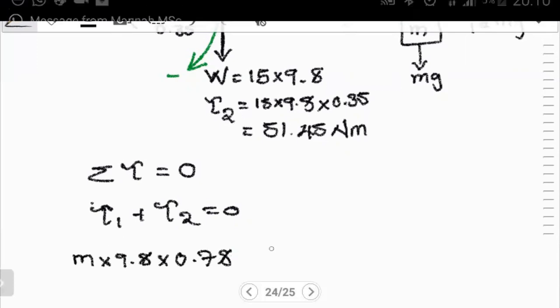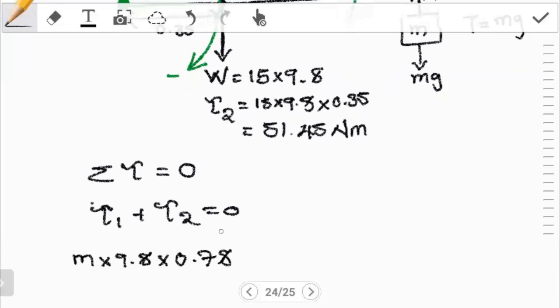This is positive, but then the clockwise is going to be negative, so that is 51.45. Again, it is negative because it is clockwise. We're taking anti-clockwise to be positive and clockwise to be negative. So this equates to 0.